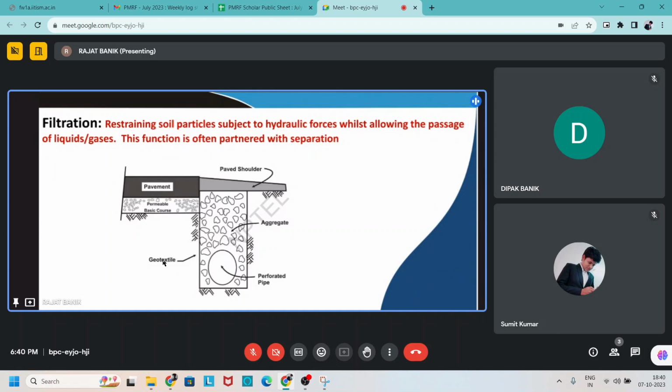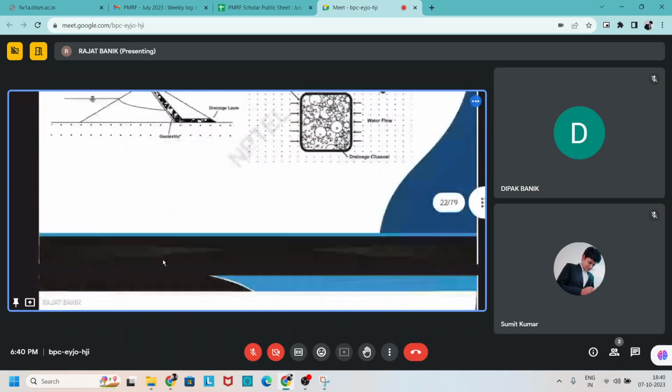And if there is a rainy season and water flows below the ground surface, that can easily be filtered by this geosynthetic material, and water can give way through this perforated pipe. By this arrangement, we can use geosynthetic as a filtration.